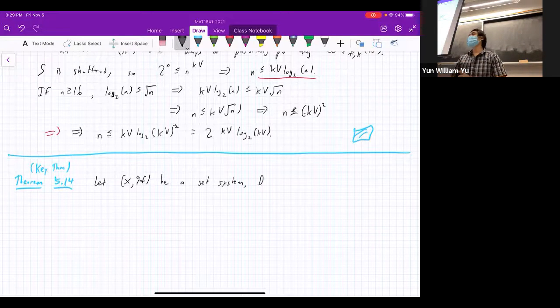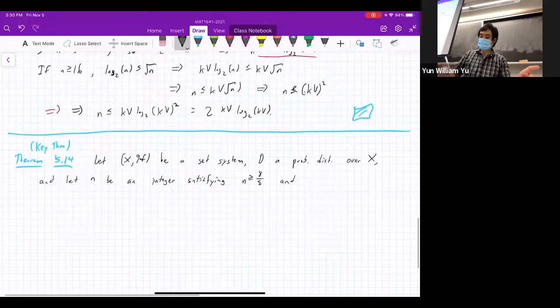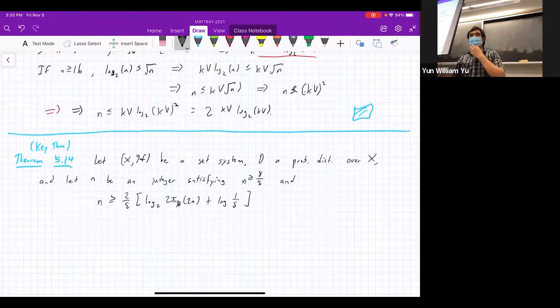And now we're going to introduce something new: a probability distribution D over X. And we're going to let n be an integer satisfying several conditions: n is greater than or equal to 8 over epsilon, and n is greater than or equal to 2 over epsilon times log base 2 of 2 pi sub H of 2n plus log of 1 over delta. Lots of technical conditions. We'll see why each of these things is important.